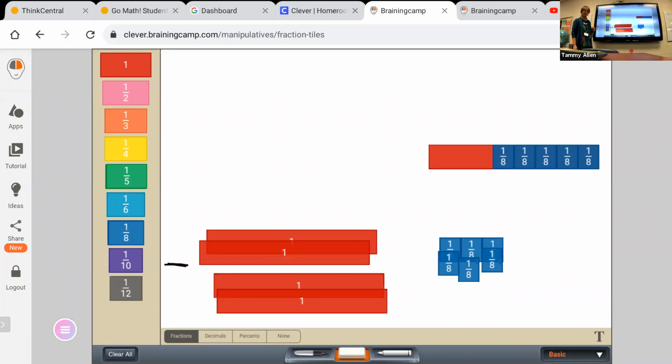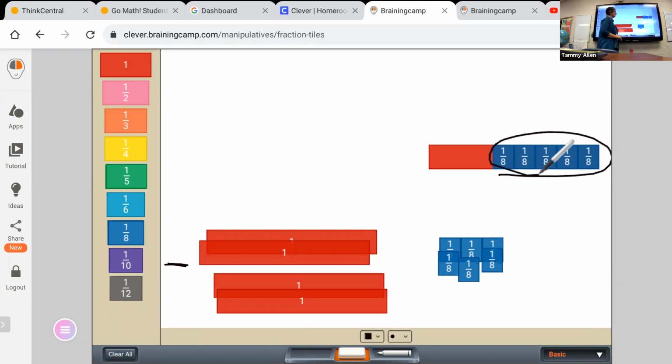What am I left with up there? 5/8. So I'm left with 5/8. Does that make sense? Are we good with that?